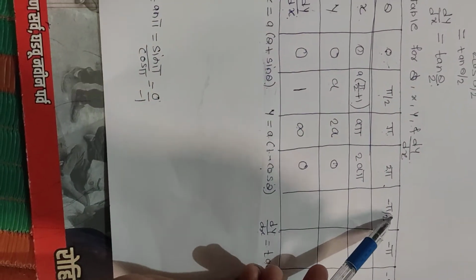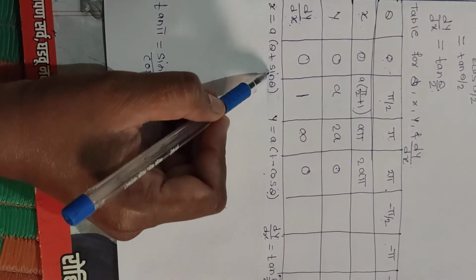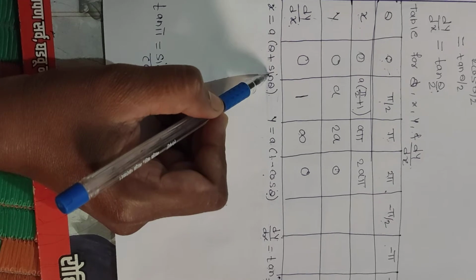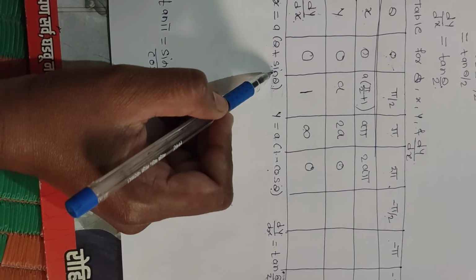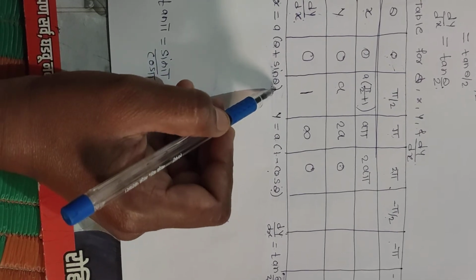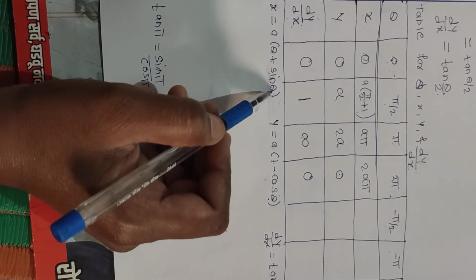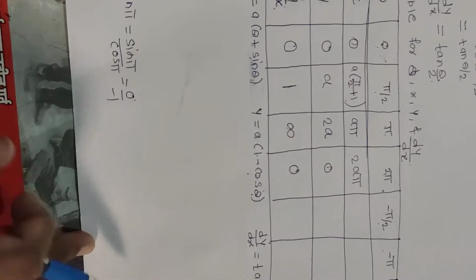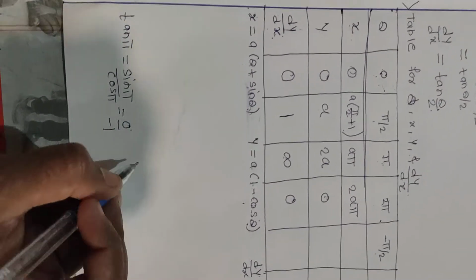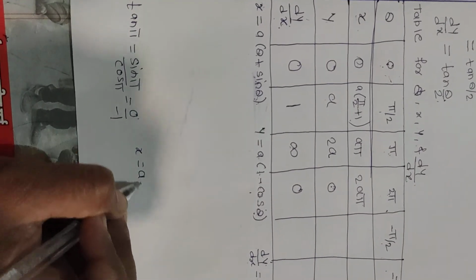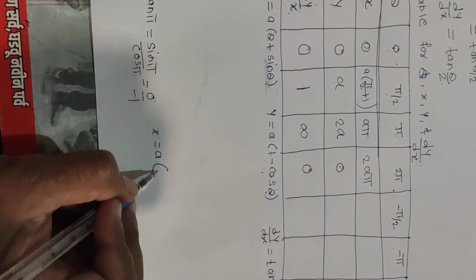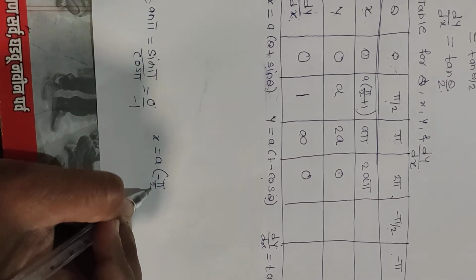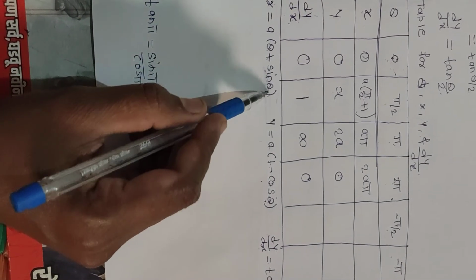See, again for minus pi by 2. Here we have to put sin of minus pi by 2. So first we apply the result for sin of minus theta. For x equal to a, we put theta equal to minus pi by 2, so here minus pi by 2, and sin of minus pi by 2.